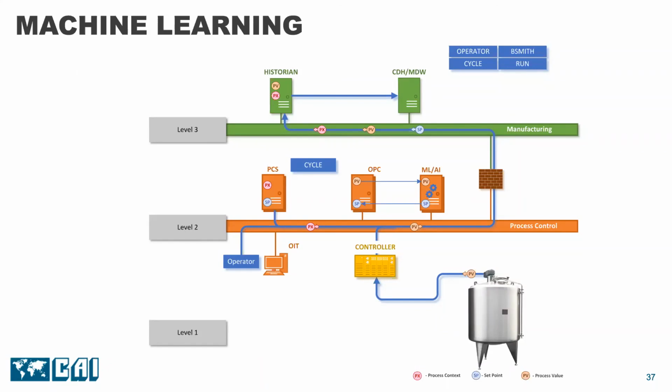The ML algorithm is receiving process values from the OPC server, evaluating those values against the model, and then modifying the process set points directly. Such a solution will not only optimize cycle time and yield, it will also prevent any number of deviations and be responsive in a way that no human could.